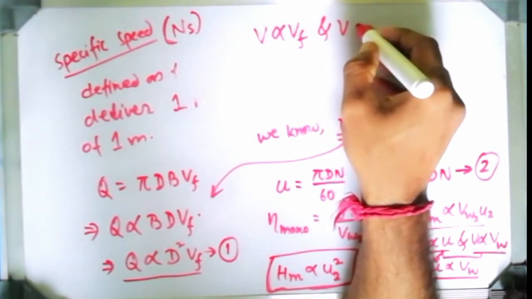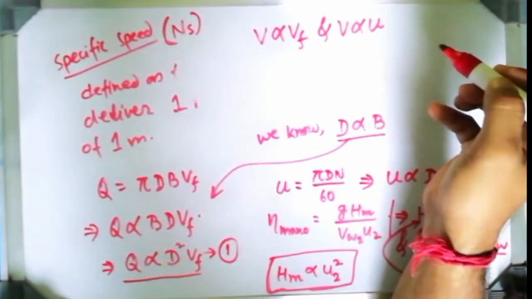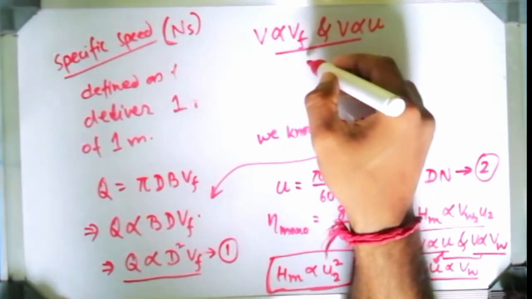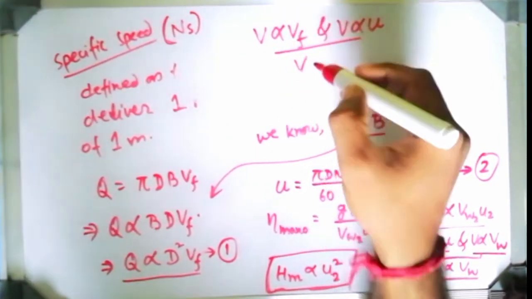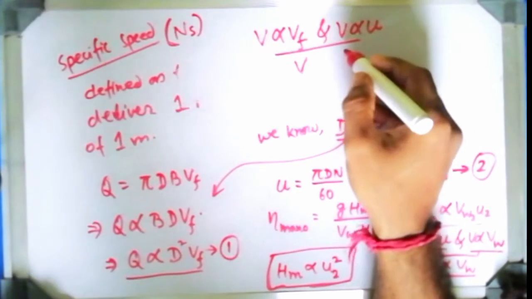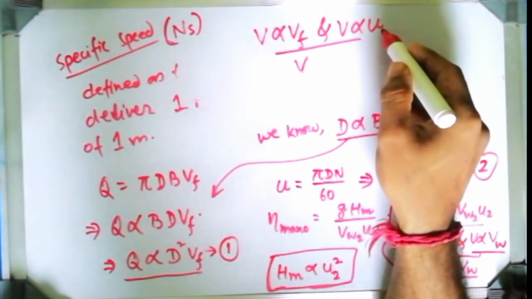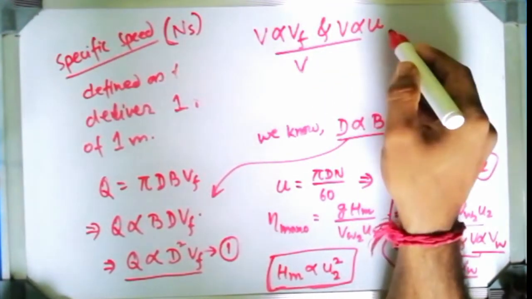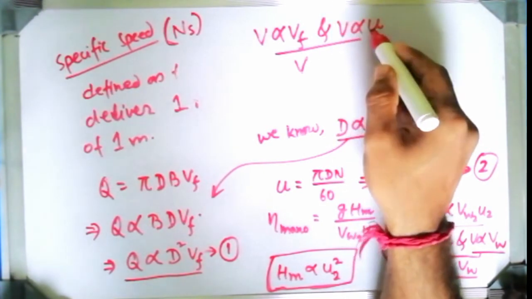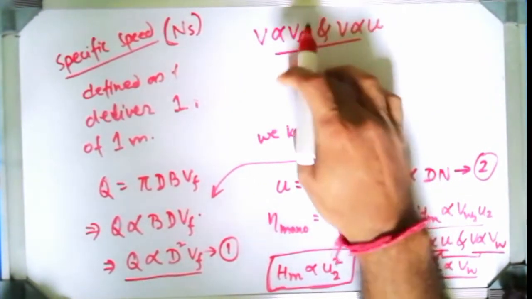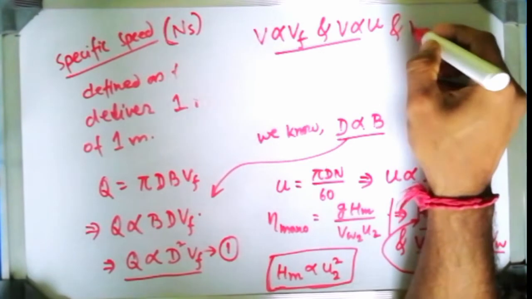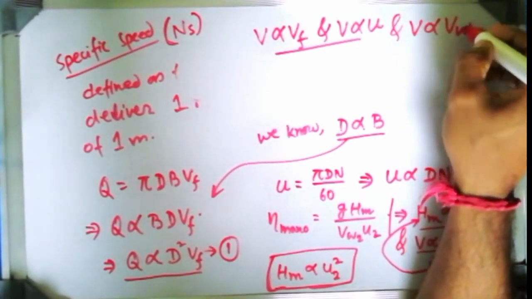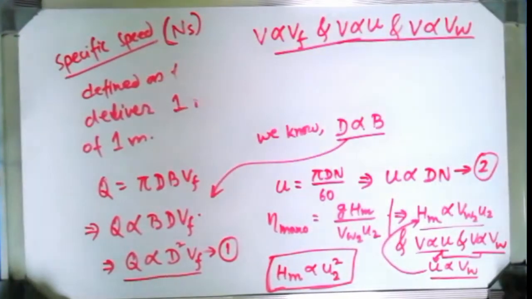Again V proportional to U also. So easily from these two relations I can write that Vf proportional to U, or V proportional to Vf and V proportional to U. From there again V proportional to Vw, these three relations I am using.